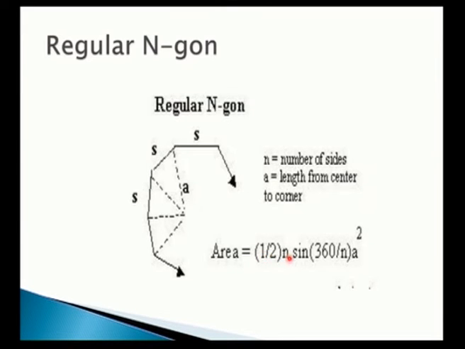So, half into 8 gives 4. Then sine 360 by 8 gives 45. So, for the octagon shape, the area of the octagon is calculated by the formula 4 sine 45 a square. So, this is the thing about regular n-gon.